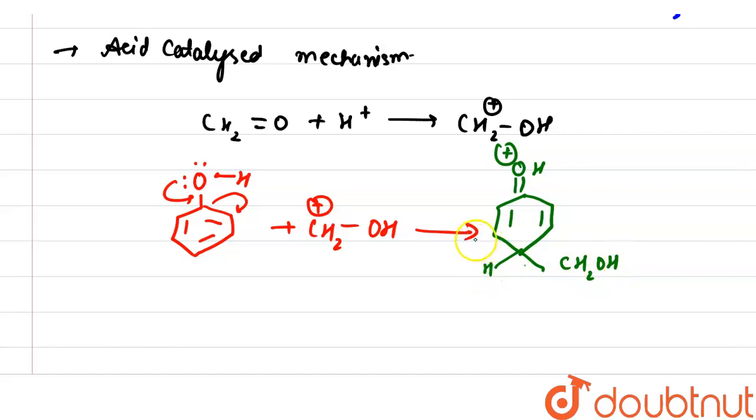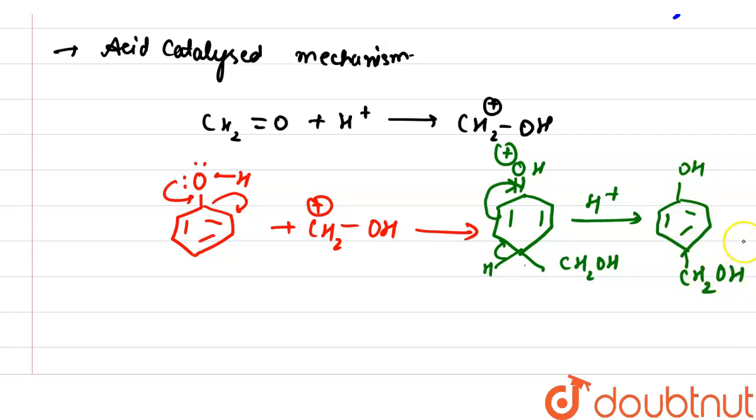Now H positive will shift out and it will form para-hydroxybenzyl alcohol, with CH2OH. This is the major product. Since carbon is electron deficient, it attracts electrons from phenol, and conjugation in phenol occurs due to the lone pair of oxygen. This is the acid catalyzed mechanism.